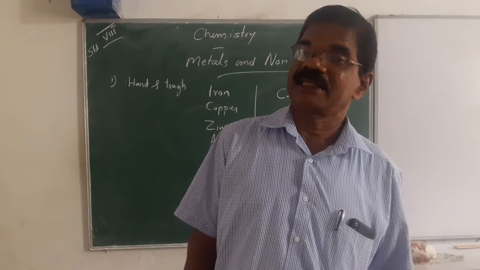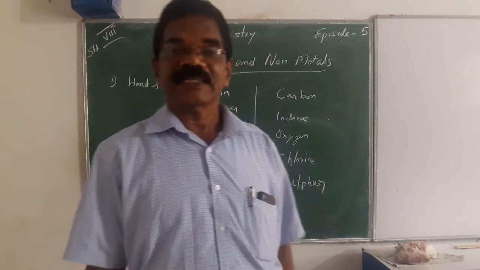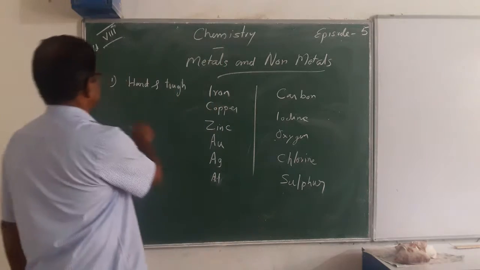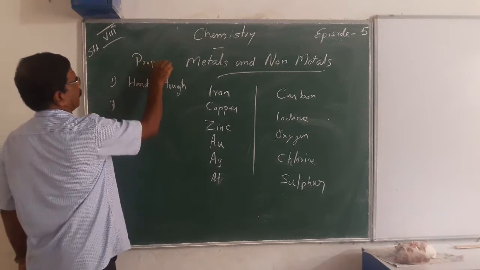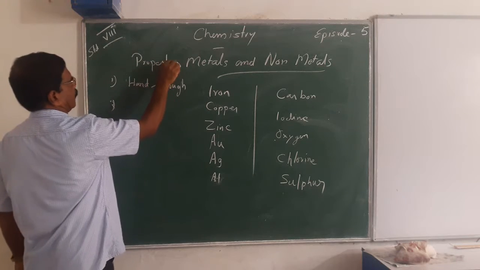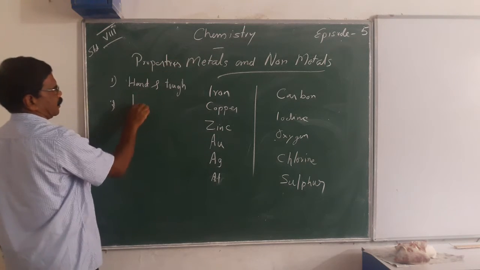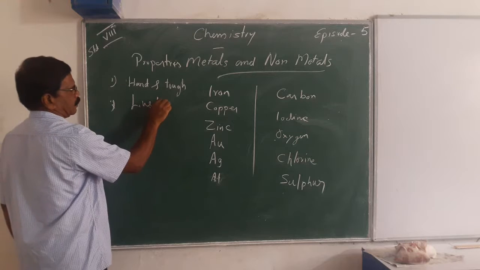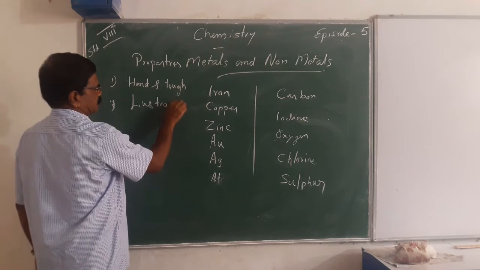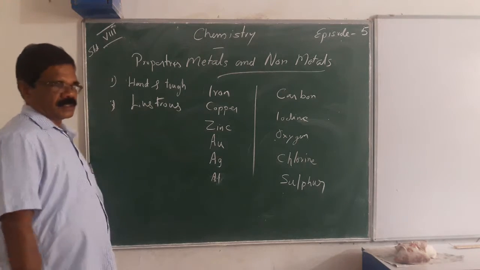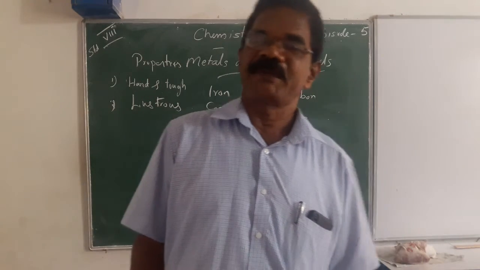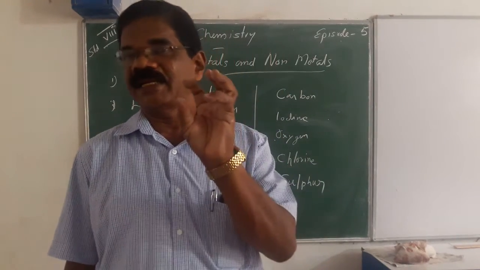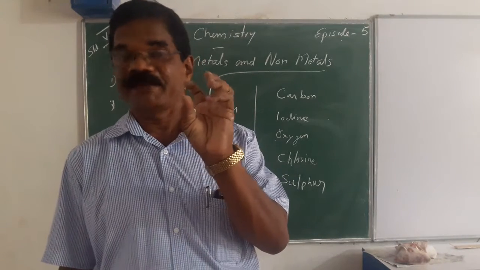Then the other property is that they are lustrous. What is lustrous? When you take a metal and break it into pieces, on the broken side there is a shiny appearance.